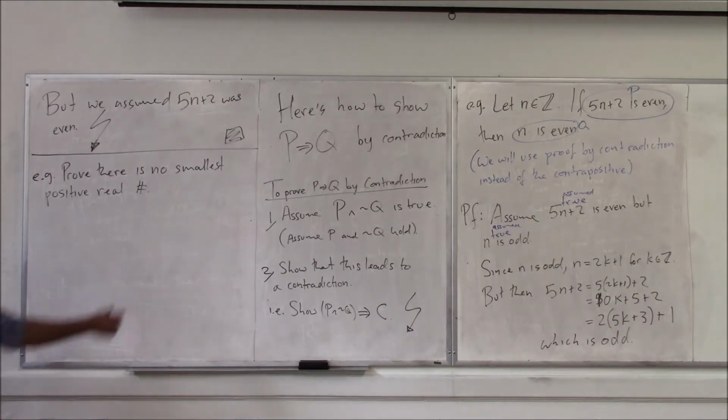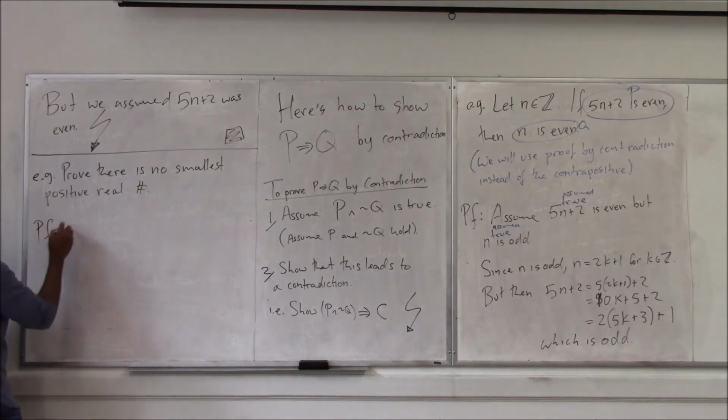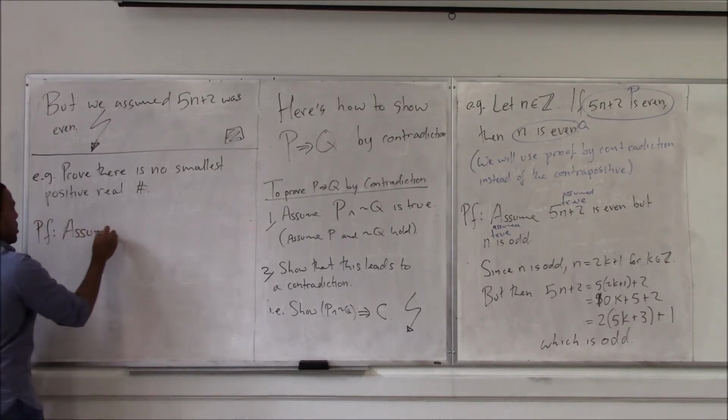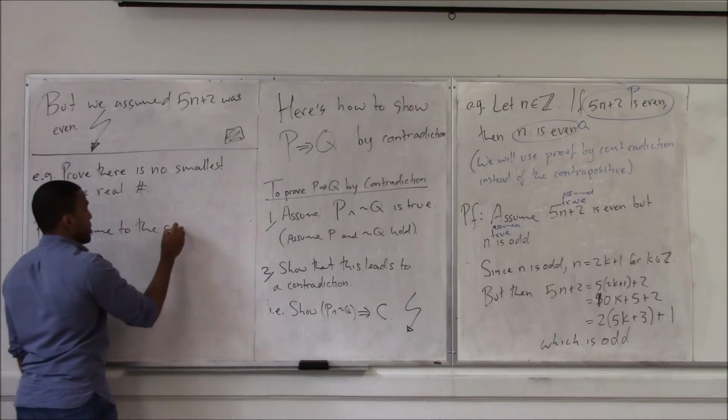So here's how such a proof would work. Proof. Assume to the contrary that there is a smallest positive real number.